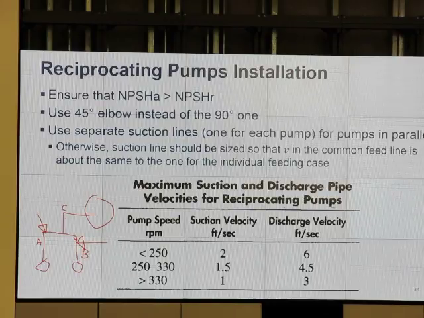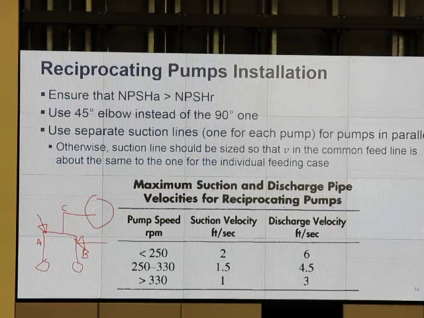Wrong. Okay, next one. What's your name? Alina. If the suction line gets longer than usual, what happens to NPSHR? Wrong. It stays the same. NPSHR, net positive suction head required, is the value that you get from the pump curve. It's based on the pump. It doesn't have anything to do with the length of the suction line.